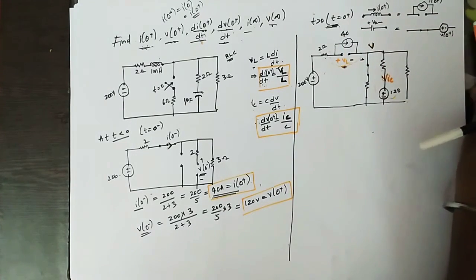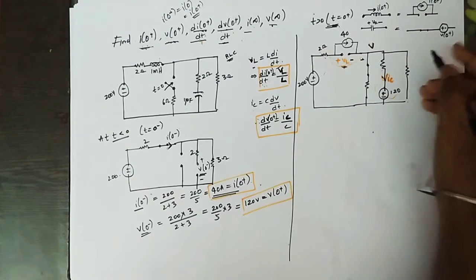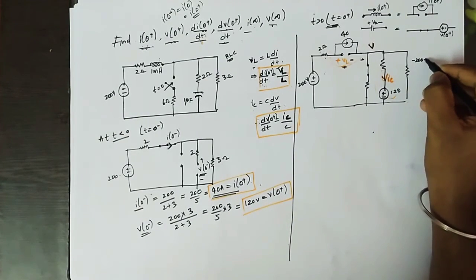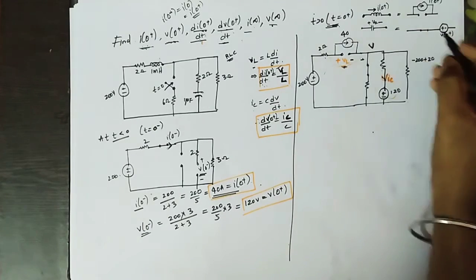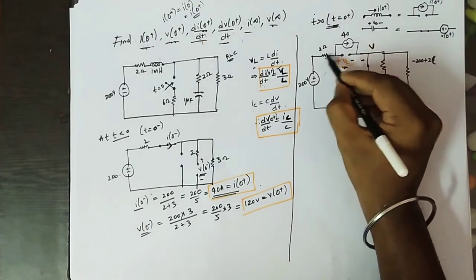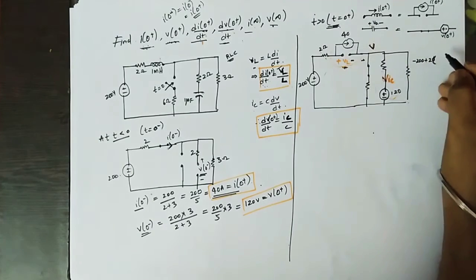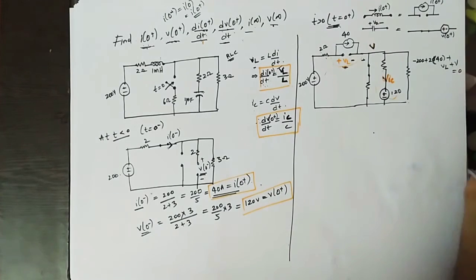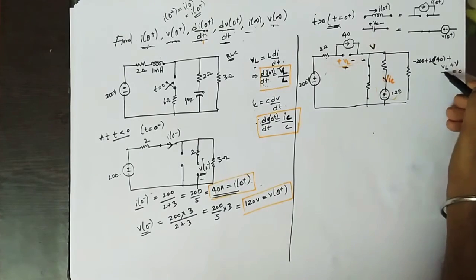So the loop equation I'm writing here: minus 200 plus 2 into 40, since current 40 is flowing, plus VL plus V equal to 0. If you find V, you will get VL.